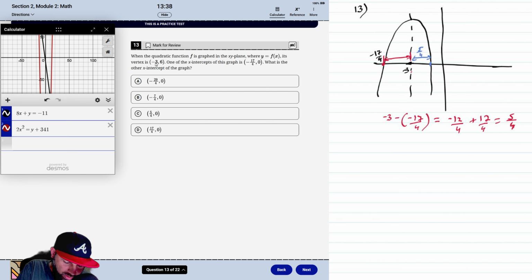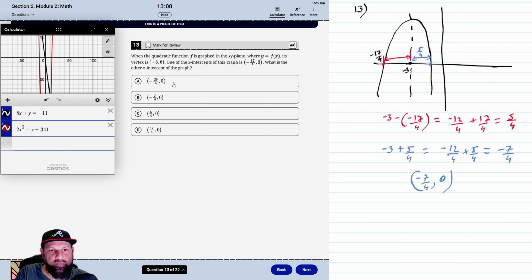To calculate it, you would just add 5/4 to -3, so this becomes -12/4 plus 5/4, which is equal to -7/4, and that's the x value. The y value for the x-intercept is 0, so the coordinate is (-7/4, 0). So the answer is going to be B.